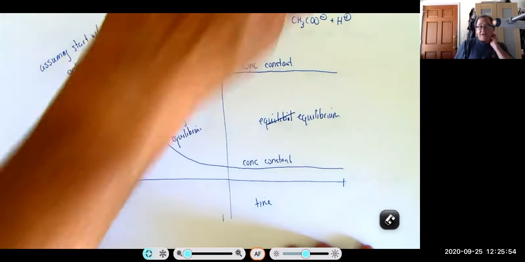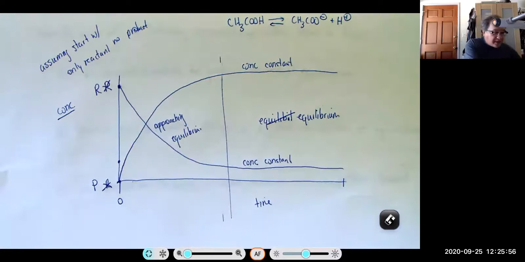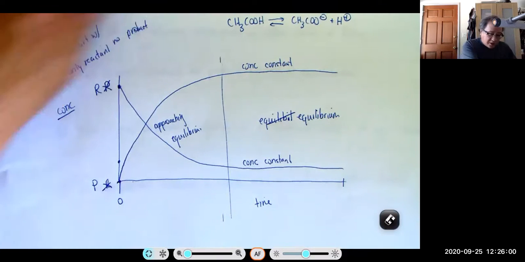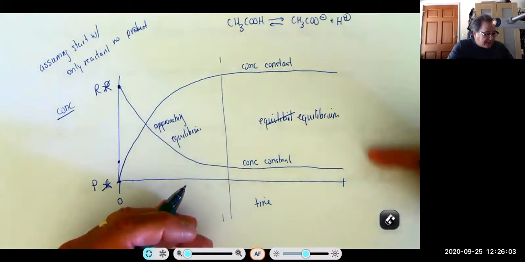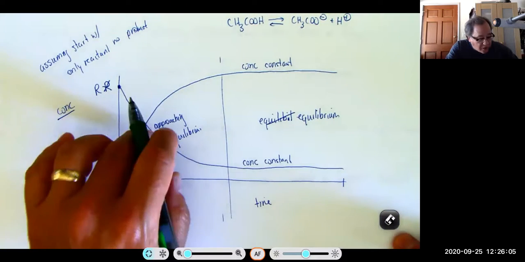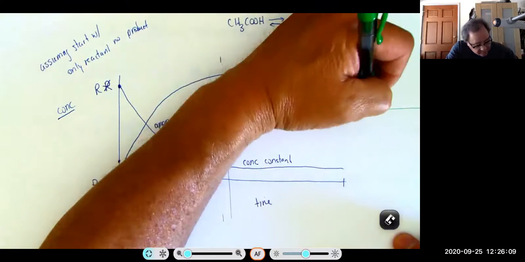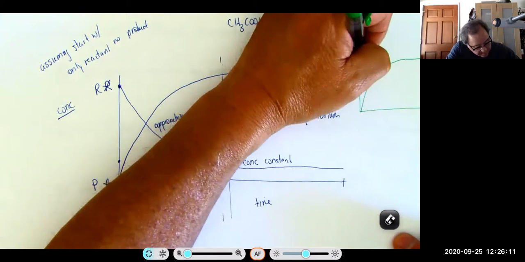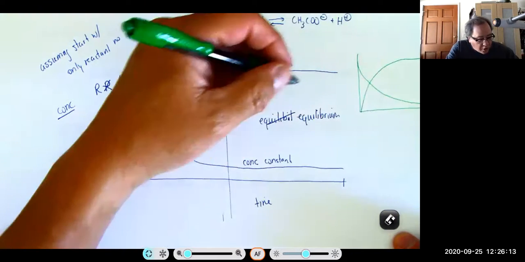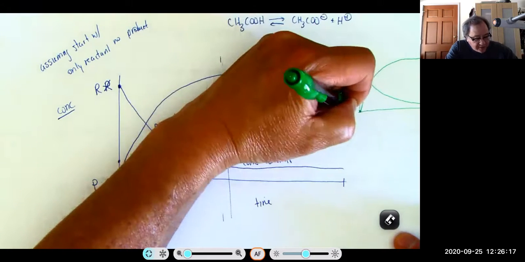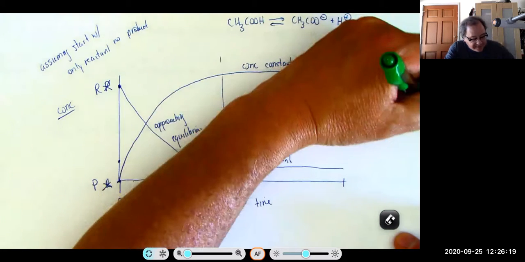Now, this is one way to draw the graph. It could happen a lot of different ways. So I'm going to draw 3 different graphs over here. This one I will redraw again. So here we're starting off with all reactant and no product. So this is product, this is reactant.